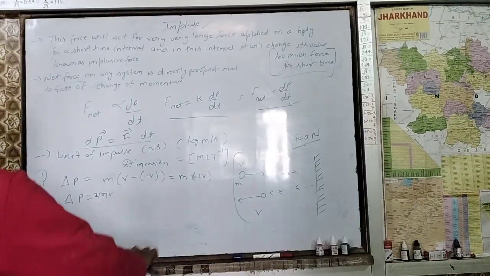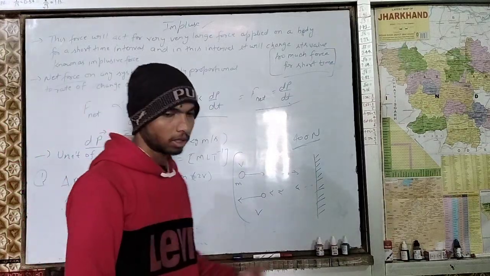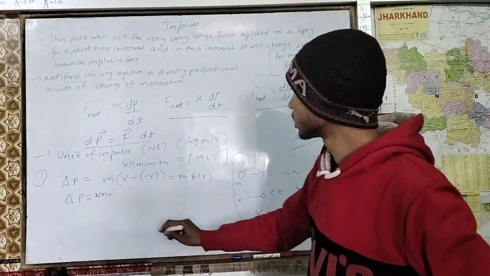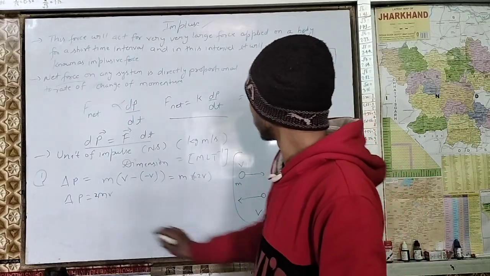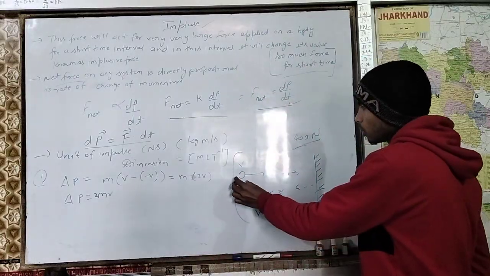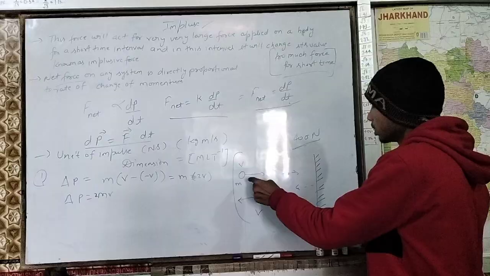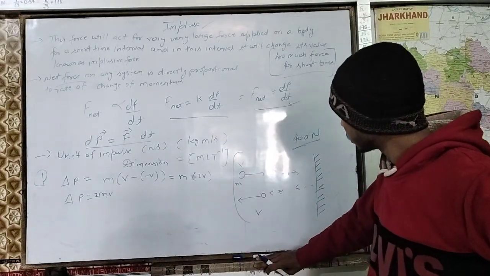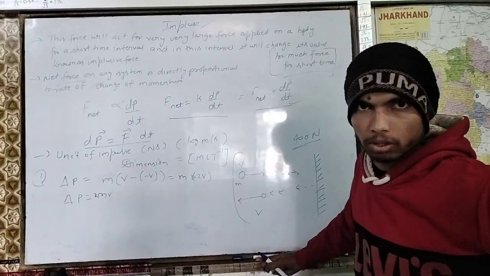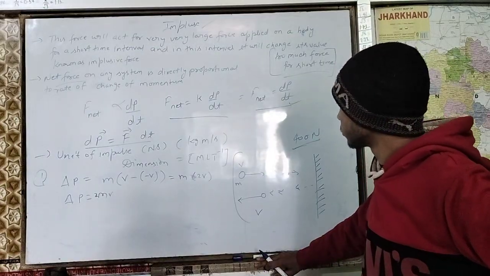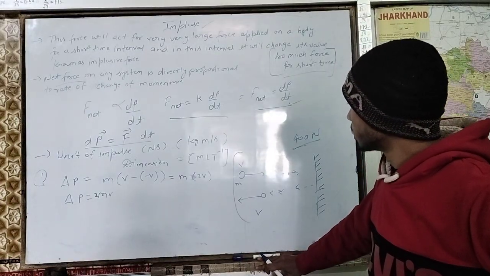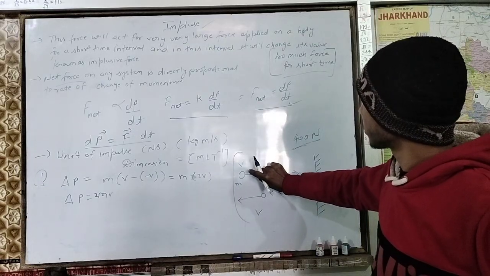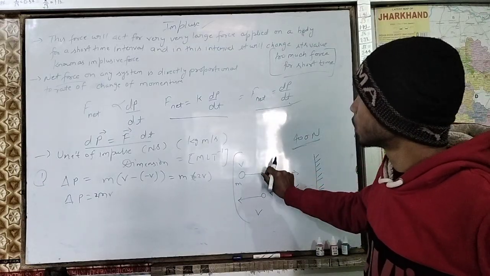Now the next question. Again, let's repeat it. It is saying an object was thrown on this ball. Then it had some potential energy. When it was thrown, this potential energy was converted into kinetic energy.